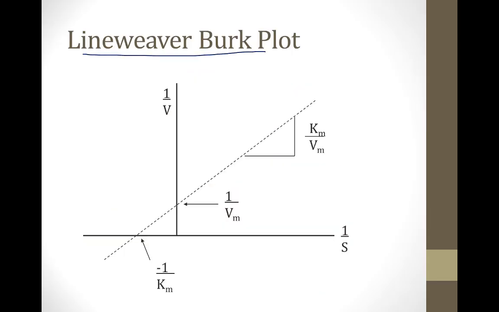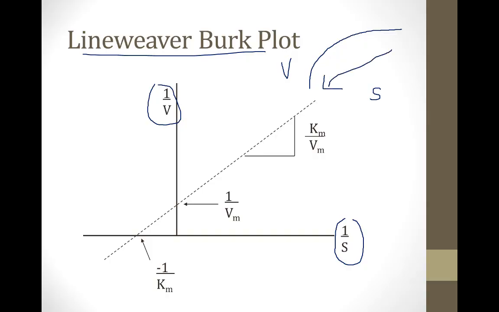And this is the exact same data that produced that hyperbolic curve a few slides ago when we put S on the x-axis and V on the y-axis. But now what we're doing is plotting 1 over S on the x-axis and 1 over V on the y-axis, and it converts it into a straight line. When it gets converted into a straight line, there are some very important points that are easy to identify.